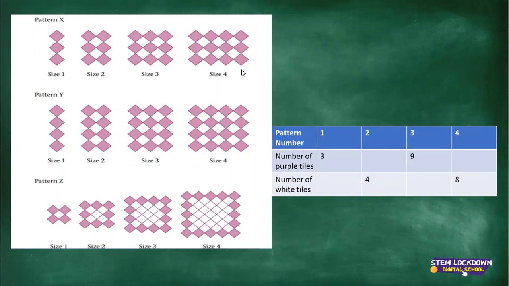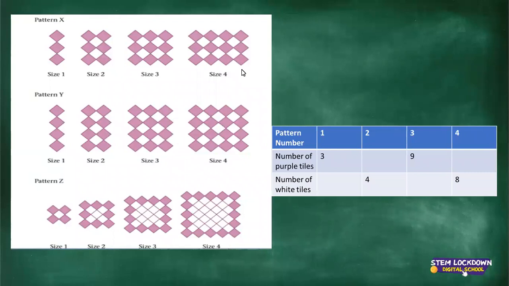Someone is saying 9 and 4 for size 2, maybe that's an error. For the number of purple tiles, we're already given size number 3, which is 9. So we are looking for size number 2 and size number 4. I see everyone else is saying we'll have 6 and 12.